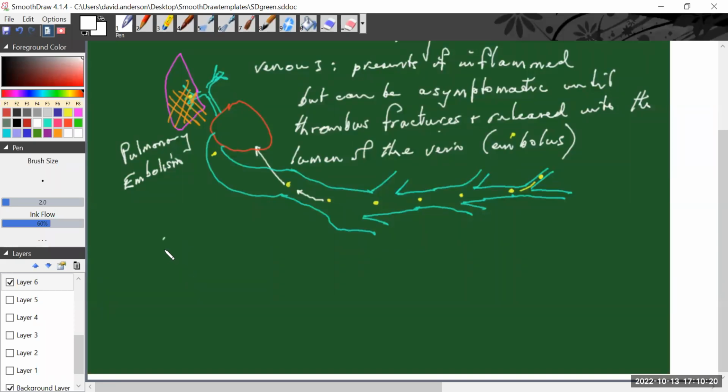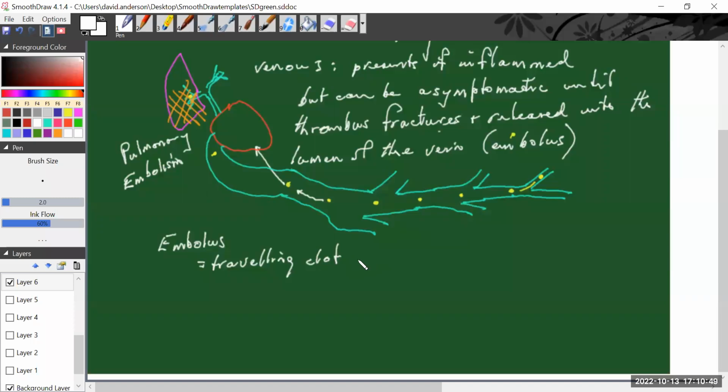So this embolus can be thought of or described as a traveling clot. It broke off from a place where it was fixed, where it was growing initially, and is now free to float through progressively larger vessels until it hits a smaller one.